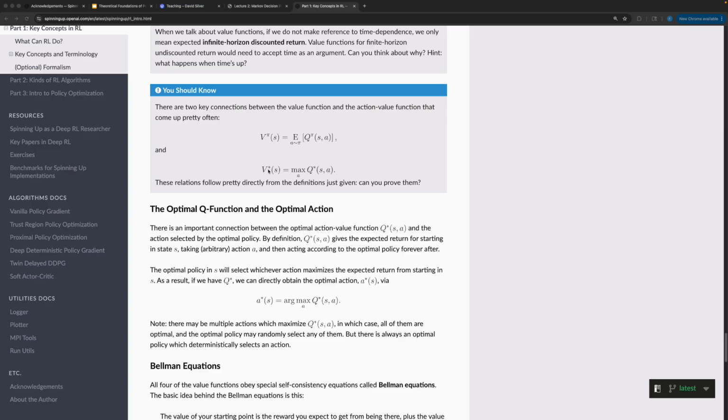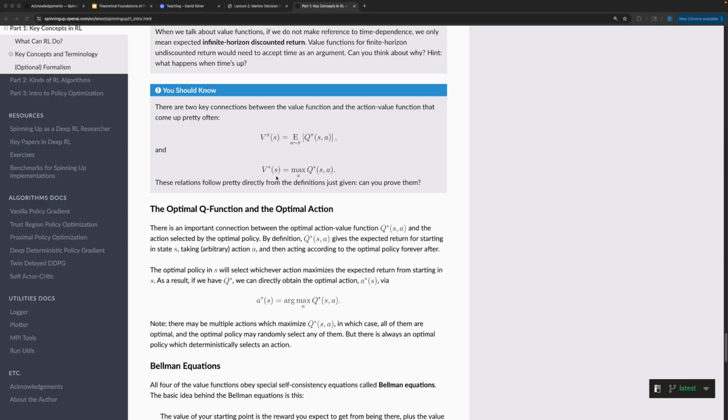So v star s, the value function of your optimal policy, would be maximized if it picks the action which maximizes your q star sa. So hence the value is also equal to the maximum q star sa.